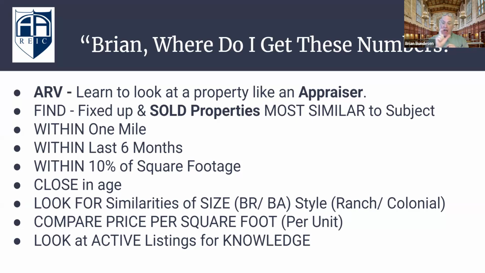All right. And then what I do, I mean, everybody analyzes things a little bit differently. But when I'm doing my first pass, I compare the price per square foot. So I will take my top three comps, okay, and I will look at the sold price per square foot. And what's the range?